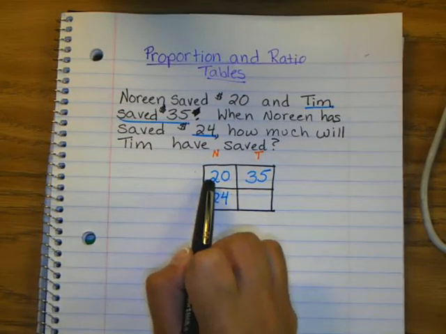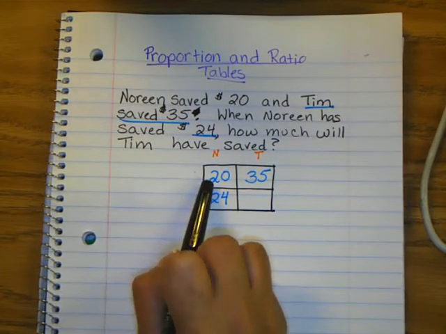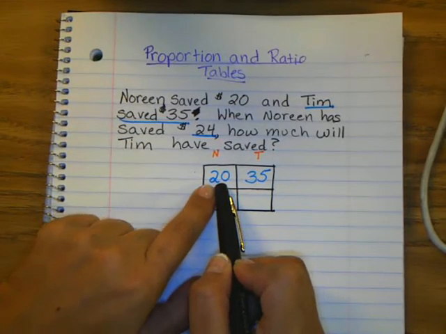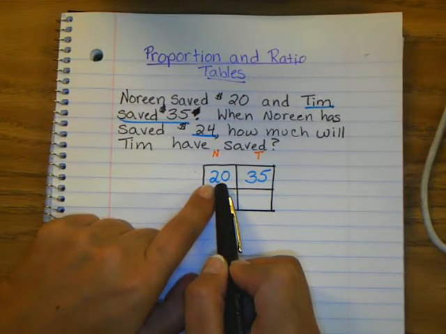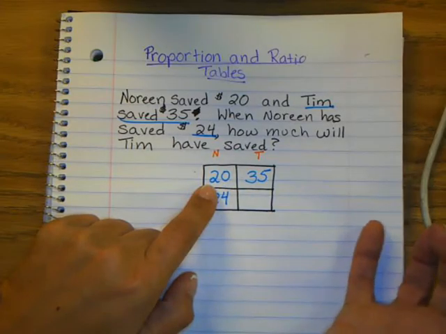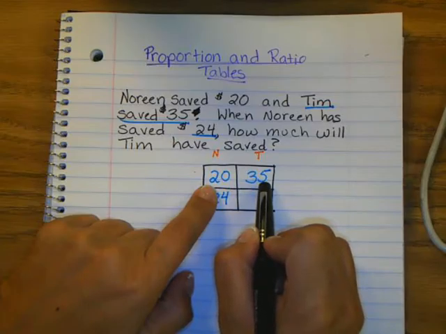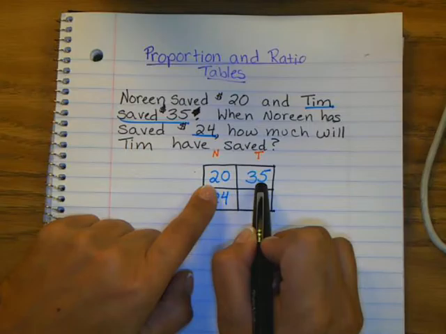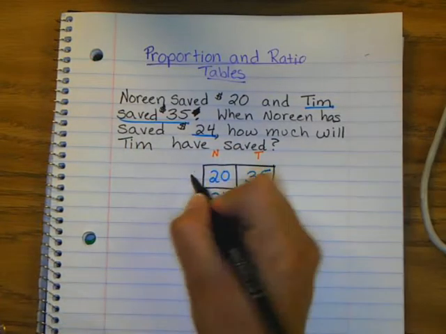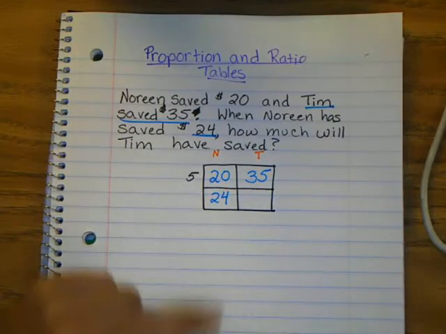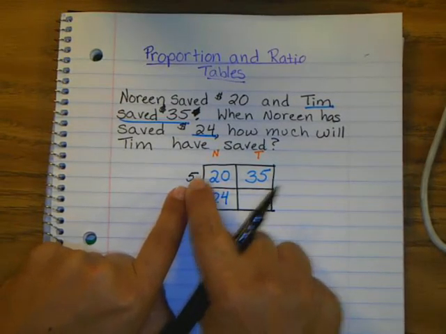I'm going to ask myself, what times what is 20? Okay, so I know that 5 and 4 are factors of 20. Is 5 or 4 a factor of 35? 5. So since these two both have 5 as a factor, I'm going to put 5 over here.